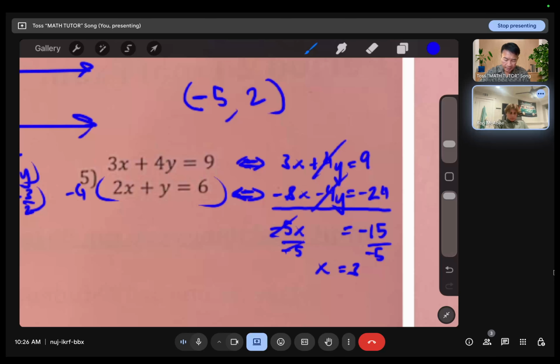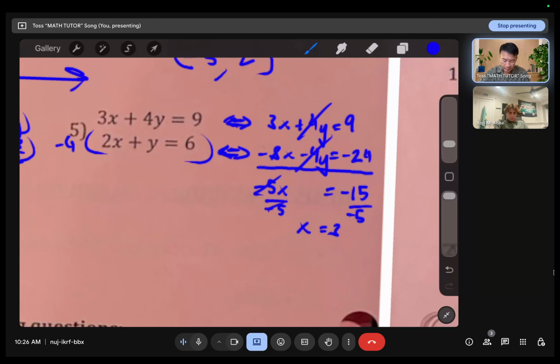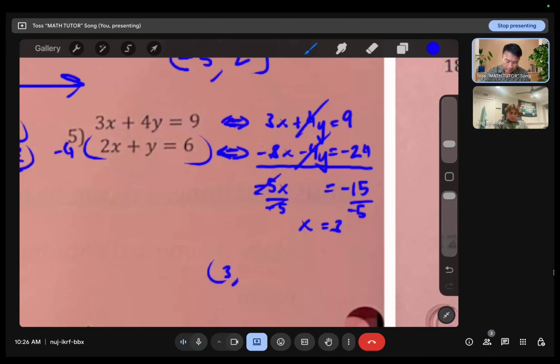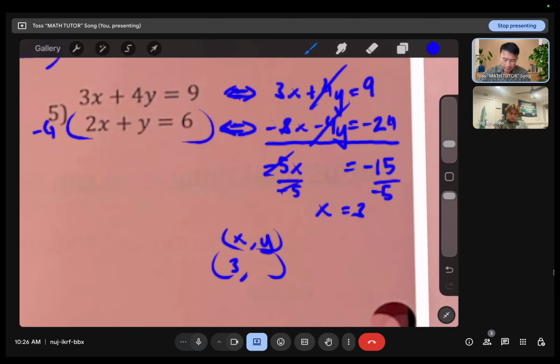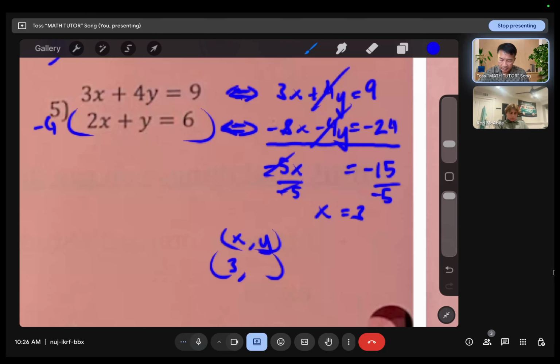So you can plug it in wherever you want, but right now I'll go ahead and put in 3 and then solve for y. So like x comma y here. Okay, so 3 is there. Now I would solve for y in the original. Now don't use the one that you modified or multiplied by negative 4.